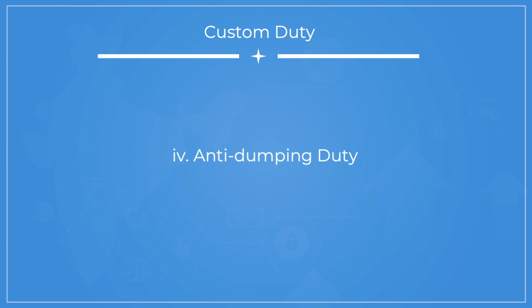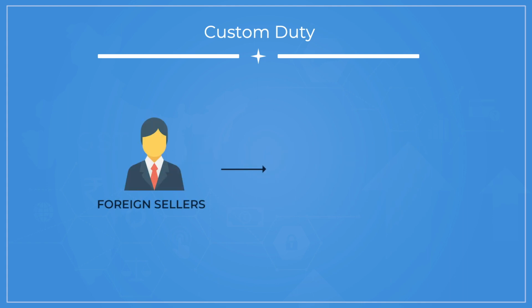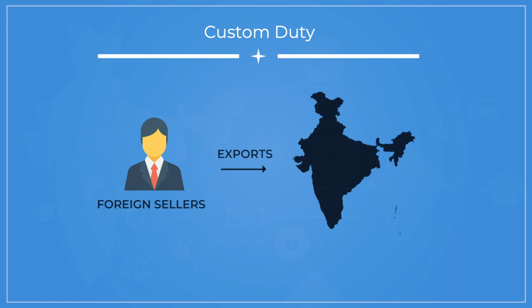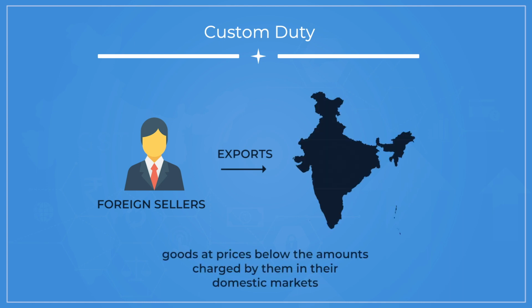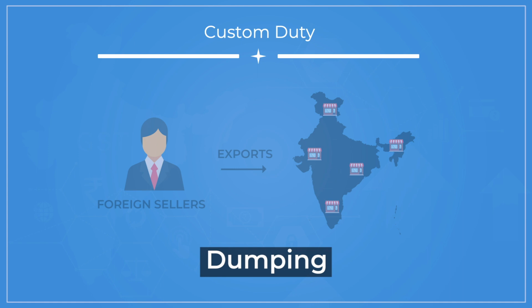Anti-dumping duty. Sometimes foreign sellers may export goods into India at prices below the amount charged by them in their domestic markets, in order to capture the Indian market to the detriment of Indian industry. This is known as dumping.